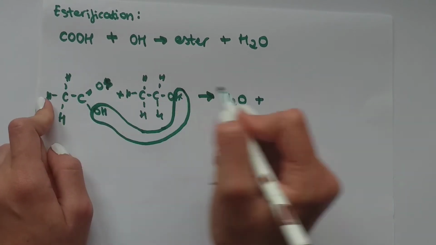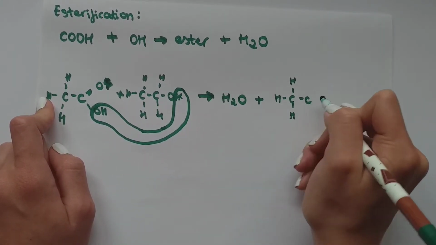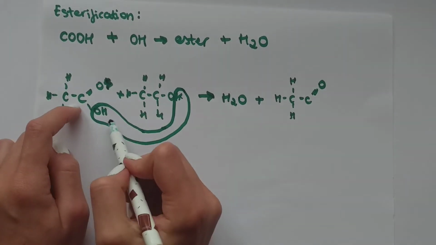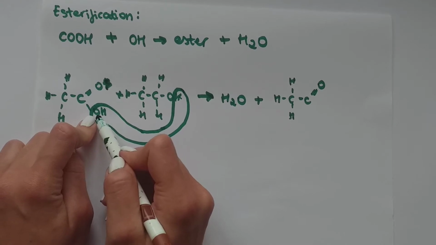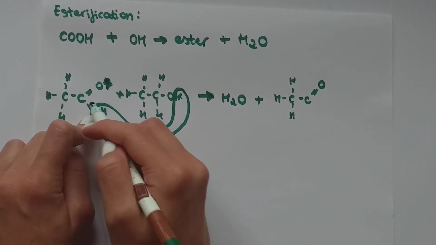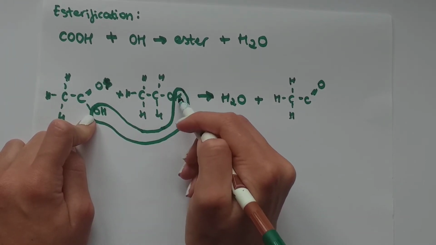So let's start with writing our carboxylic acid. Here is our double bond O. And here's the OH that was taken to form our water. Now, what you bond here is this O that's missing one of the hydrogens too.